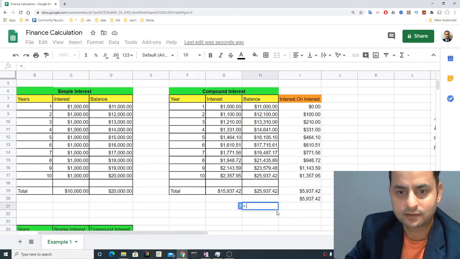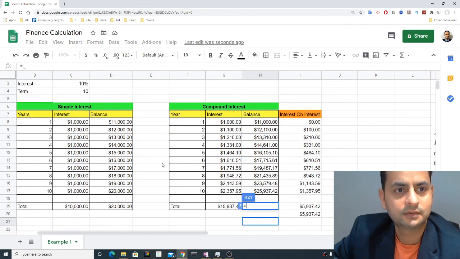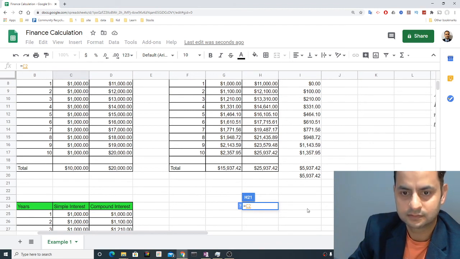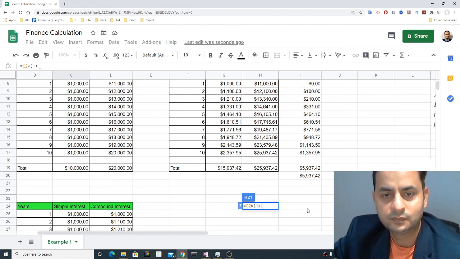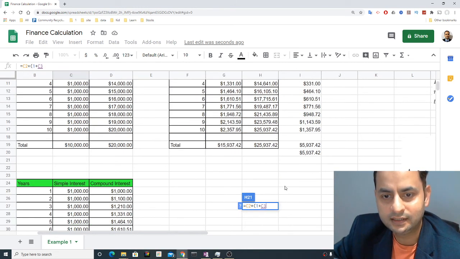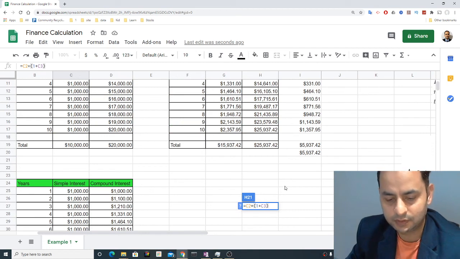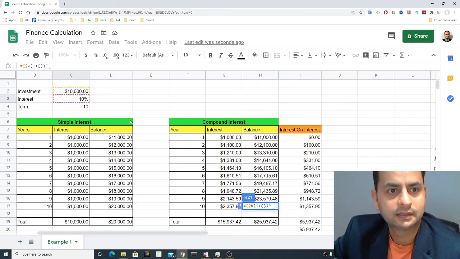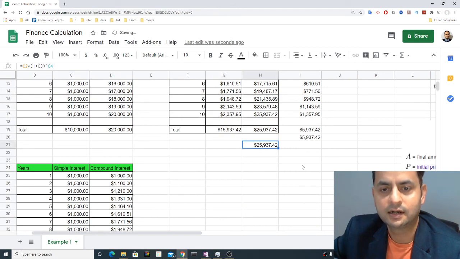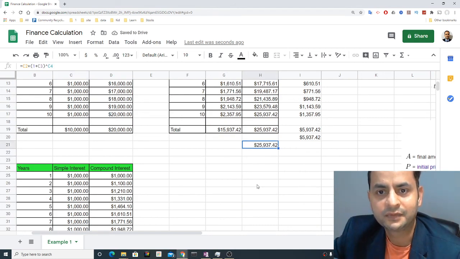If you want, I can do this for you: this times (1 + R) to the power of 10, and I get the same number here.